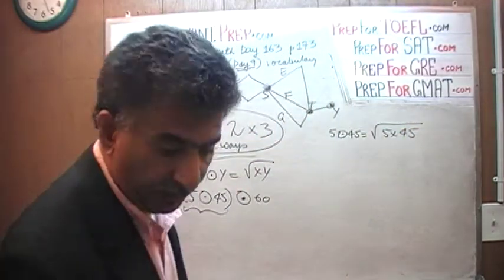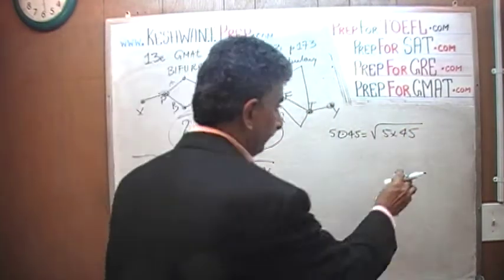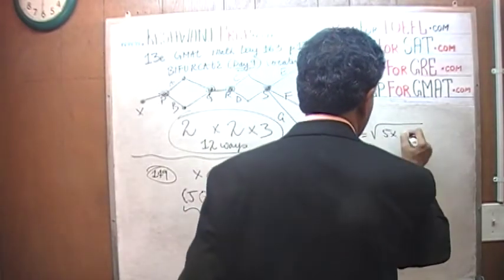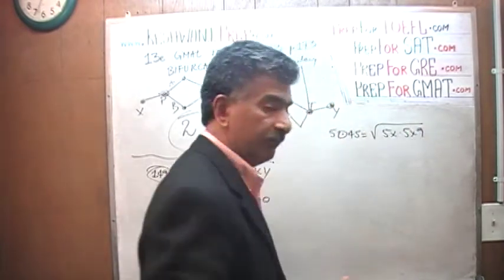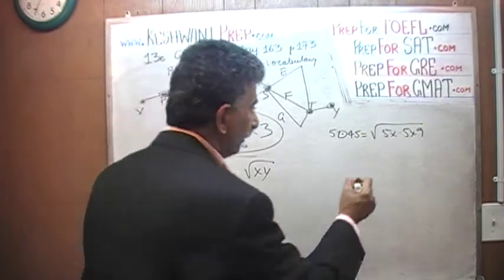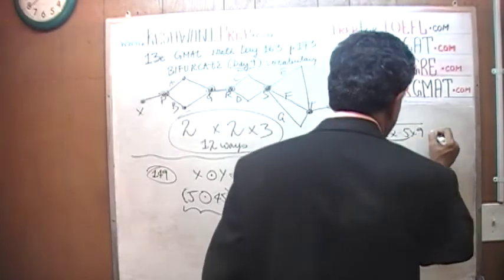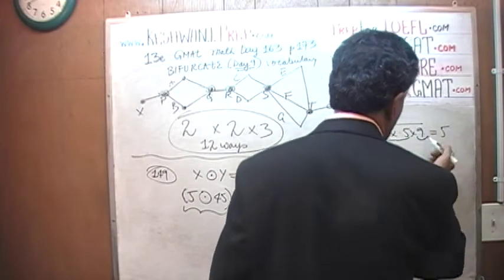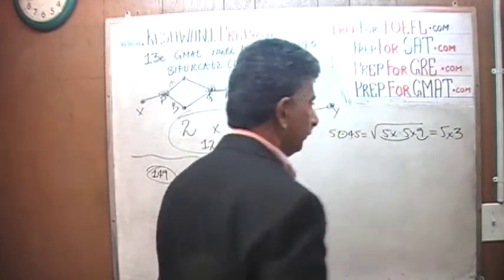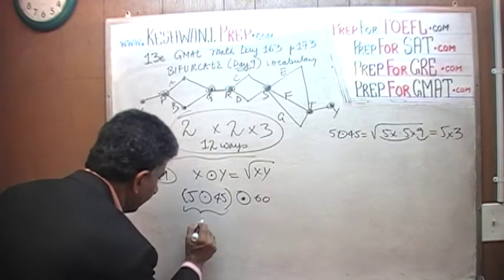But of course 45 can be written as 5 times 9, because 5 9s are 45. Now we have 5 times 5. The square root of 5 times 5 is just 5. And the square root of 9 is 3. So the answer is 15. The answer to this part is 15.